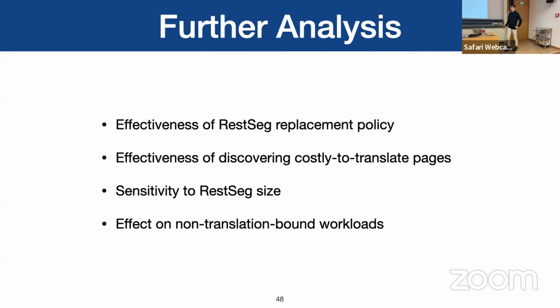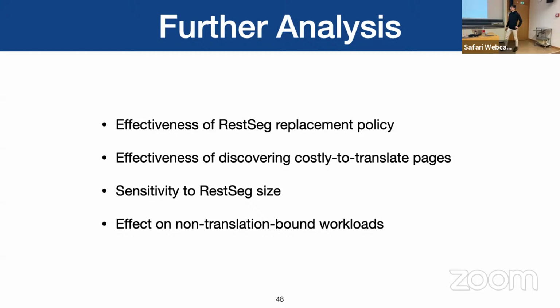So also analyzed in the paper, which I will not go into detail here, is the effectiveness of the restrictive segment replacement policy, the effectiveness of discovering costly to translate pages, and the sensitivity to the size of restrictive segments, which is actually quite important.